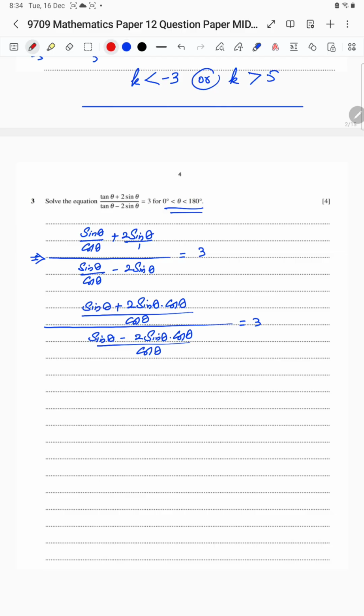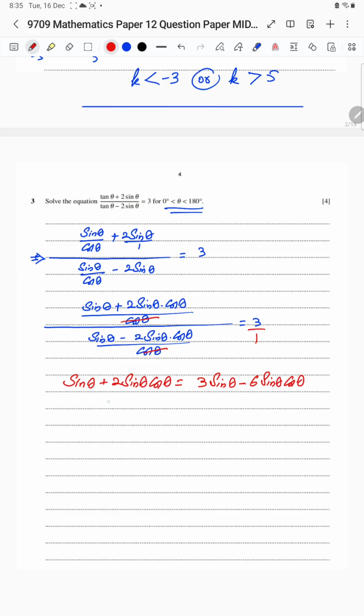The cos theta denominators will cancel with each other, and we can do the cross multiplication to get a more simplified form of the equation. 3 multiplied becomes 3 sin theta minus 6 sin theta times cos theta.